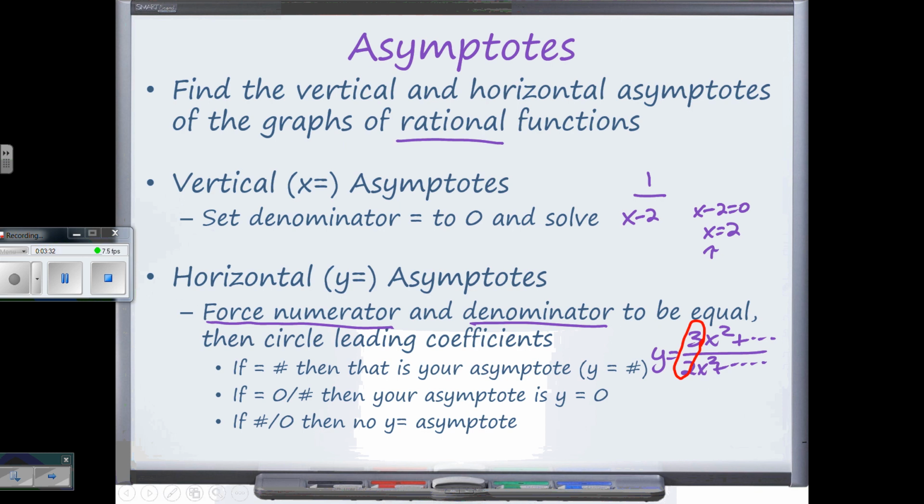So my y equal asymptote in this situation would be y equals 3/2. My y equal asymptote is your horizontal asymptote.